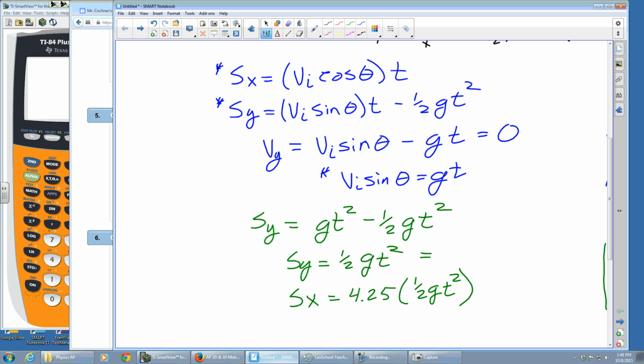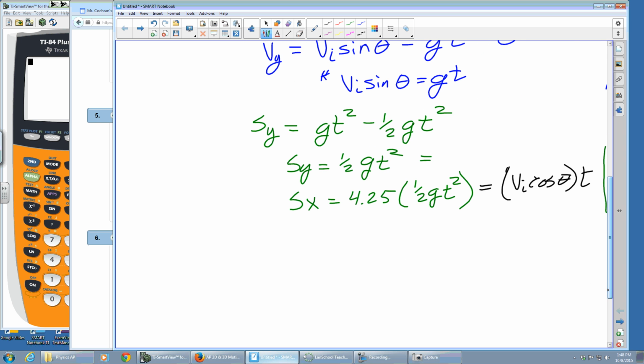We're gonna continue this, but we're gonna set this equal to our VI cosine theta t. And we're going to solve that so that we'll get rid of a t on each side, right? So let's do this. Let's bring this out. 2.125 gt equals VI cosine theta.